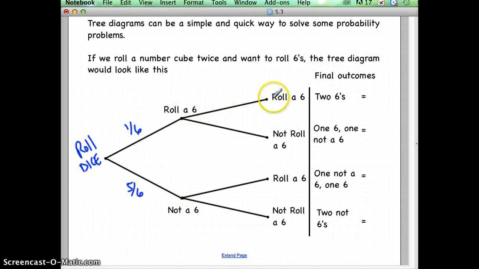Now, our second roll, if we roll a 6, that chance would be a 1/6 chance. Not rolling a 6 would be a 5/6 chance. Rolling a 6 is a 1/6 chance. Not rolling a 6 is a 5/6 chance. So this was the first roll. This was the second roll.